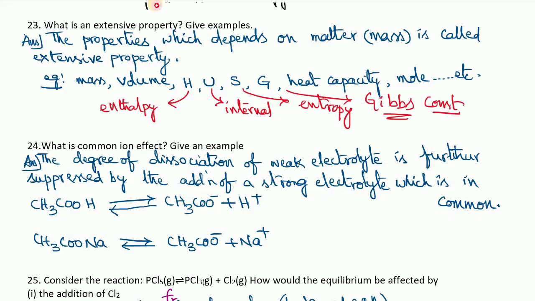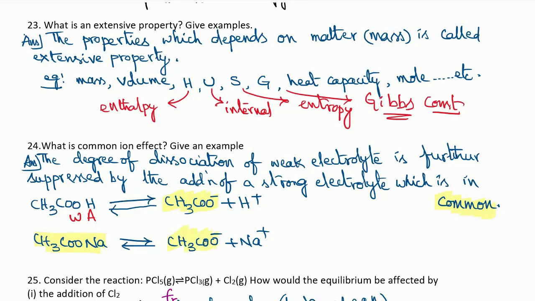Acetic acid is a weak electrolyte, a weak acid, and its degree of dissociation, that means splitting into ions, CH3COO minus and H plus, will be suppressed, further decreased, by addition of a strong electrolyte like sodium acetate. So what is common? Acetate ion is common.